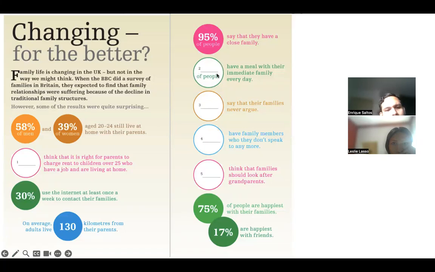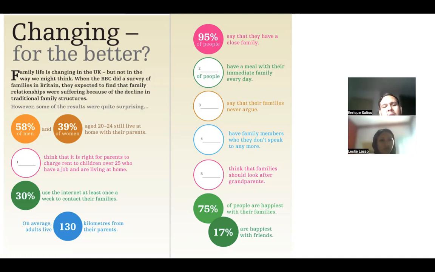So again, you have number 2, something of people have a meal with their immediate family every day. What percentage of people is that? So read this, think, and then we're going to do the listening activity to see the correct answer. Try to put the missing percentages, 17, 26, 60, 75, and 85, into these missing spaces, 1, 2, 3, 4, or 5.